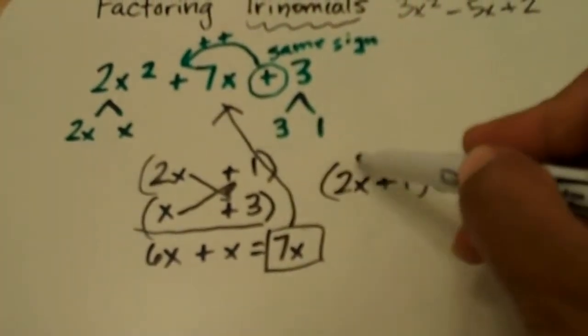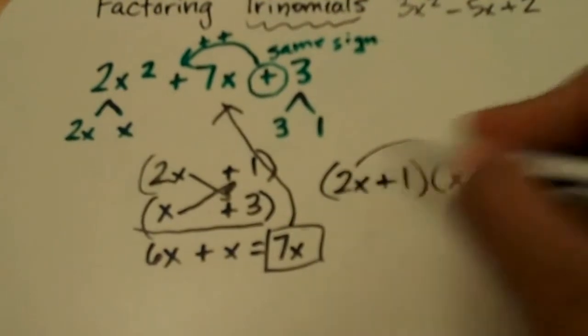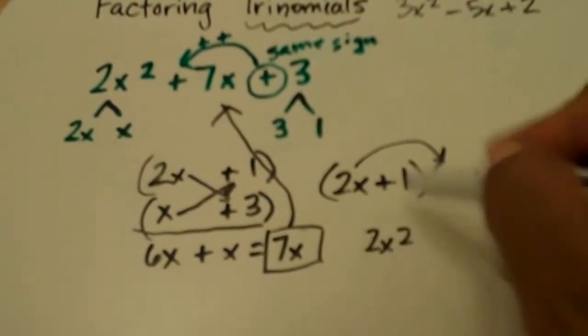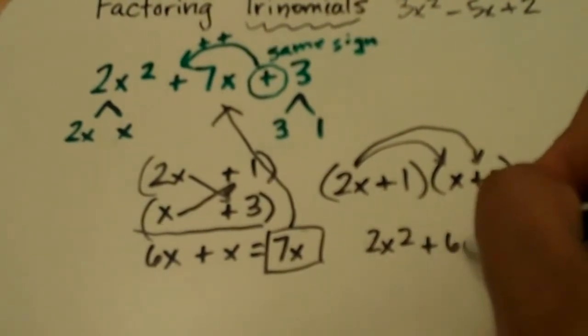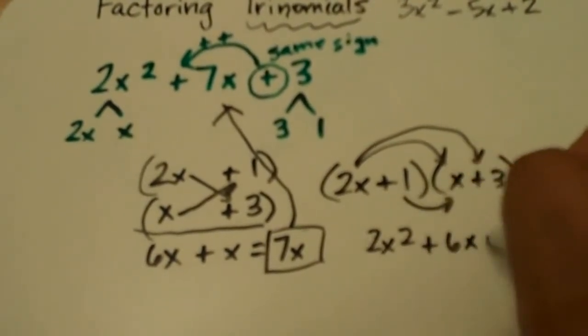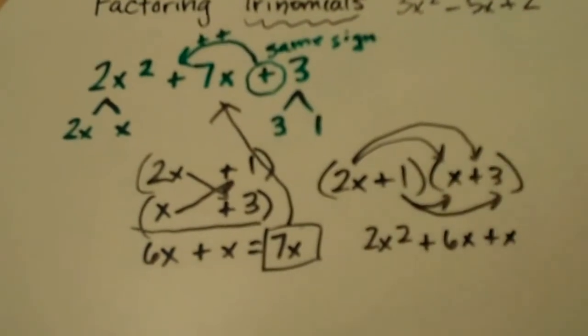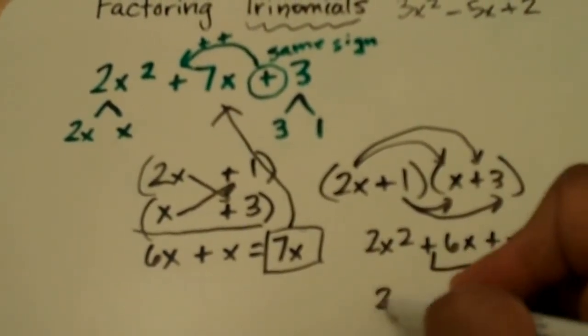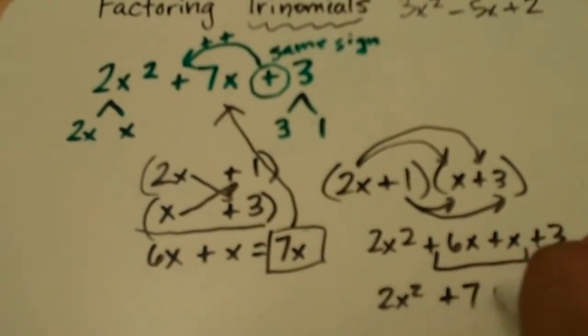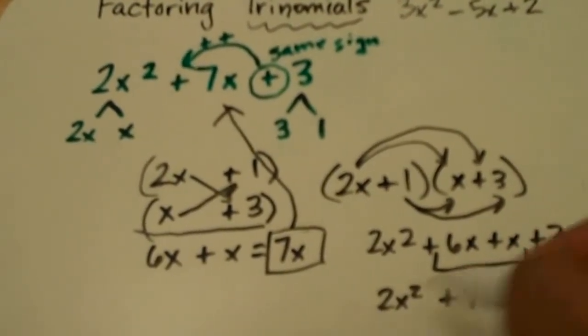I'll show you real quick, just for this one. 2x times x gives us 2x squared. 2x times 3 gives us 6x. 1 times x gives us x. And 1 times 3 gives us a positive 3. We can combine the terms in the middle, so we get 2x squared plus 7x plus 3.